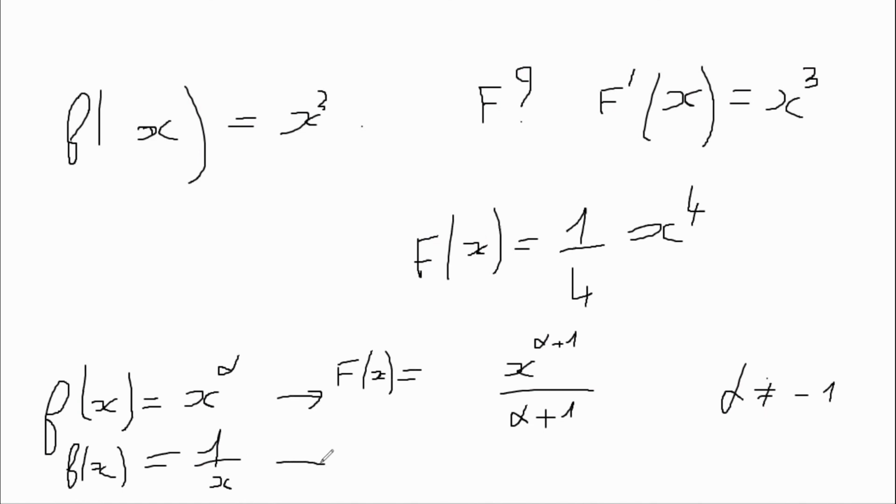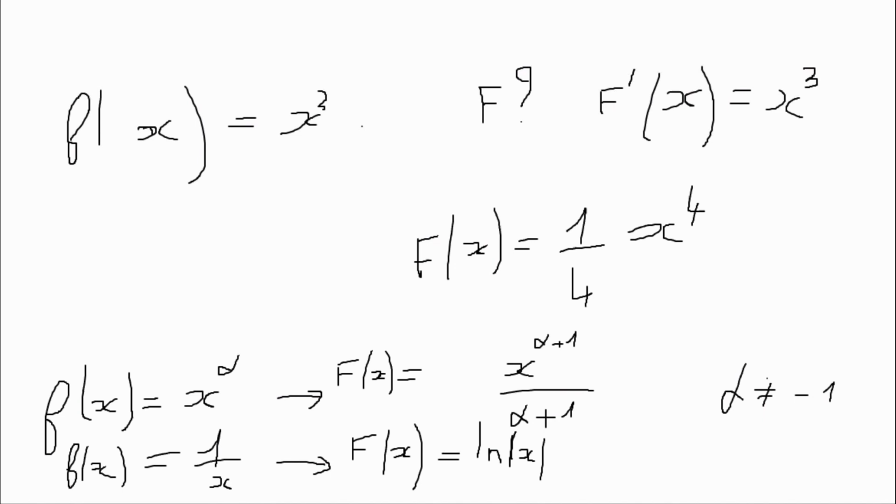Capital F of x is ln absolute value of x. Why? Because when we evaluate its derivative, it becomes 1 over x. Why is the answer like that? Because when you differentiate capital F, you simply get small f. That means it's the inverse process of differentiation. Is it clear?